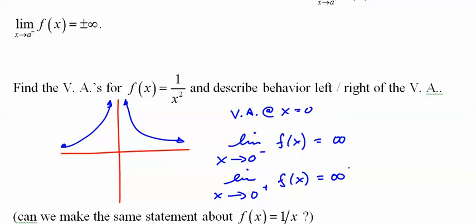Since they're the same, we could say the limit as x approaches 0 is positive infinity. If they were different, we wouldn't. So this is what it means to describe the behavior left and right of the vertical asymptote.